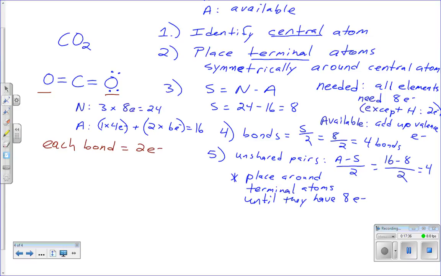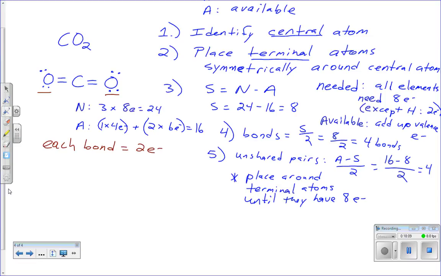That's 2 of our 4 unshared pairs. And that fills that oxygen up. It now has the 4 electrons from the 2 unshared pairs, plus 4 more that are in those 2 bonds. Do the same thing with the other oxygen and the other 2 unshared pairs. Now that oxygen has 2 unshared pairs, which is 4 electrons, plus the 2 bonds, which is 4 more electrons.